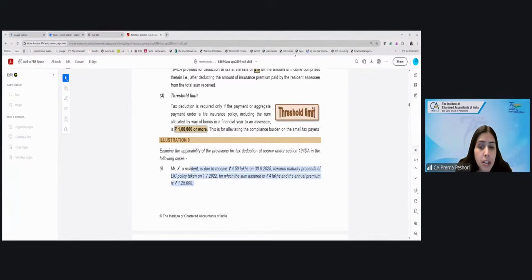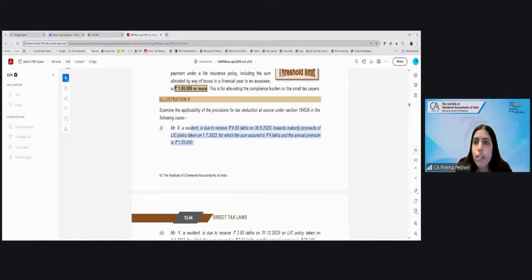If it is not exempt under 10(10D), then the TDS is required to be deducted at 2% on the amount of income. What is income? 4.5 lakh minus 3,75,000. How 3,75,000? 1,25,000 is 1 year premium. It was taken in 2022. So for 22, 23 and 24, for 3 years you paid the premium. So you will do 1.25 into 3 minus 4.5 lakh, on the 75,000 the TDS is required to be deducted.